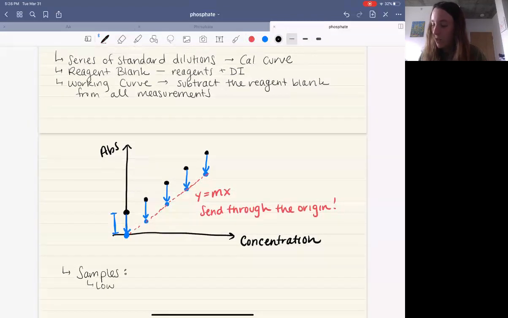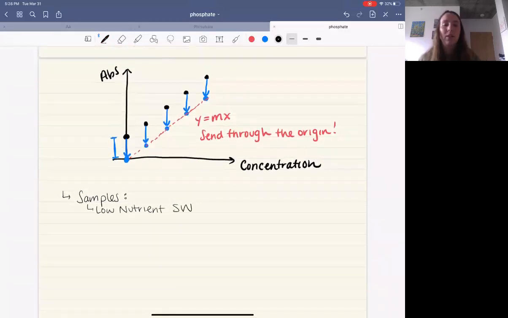And low nutrient, think about what is the concentration of phosphate in seawater. It's actually pretty low. And you need to start thinking about, can our instrument detect the concentrations that low? So in the next experiment, the nitrite experiment, you'll be asked to determine what the limit of detection of this instrument is, and that'll help you answer this question, I guess.